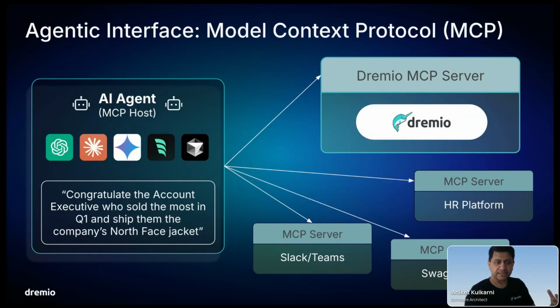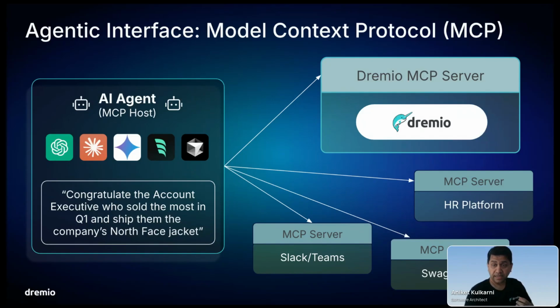MCP protocol is, in some sense, the USB-C of agentic interfaces. So, in other words, if I wanted to have an AI agent which is doing a lot of my workflows, and let's say I wanted to congratulate my sales executive who has had the most success in Q1 and give them some swag. Then with MCP, I can actually split this complex task up for the agent into 4 different parts.